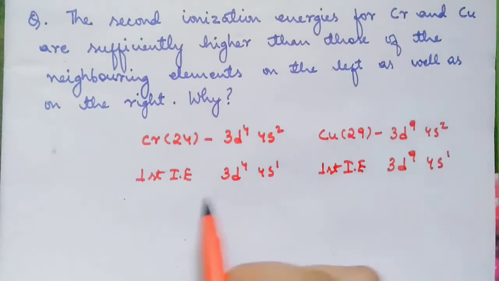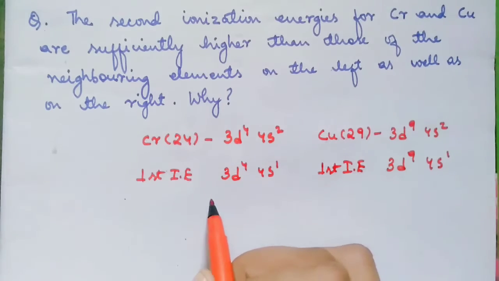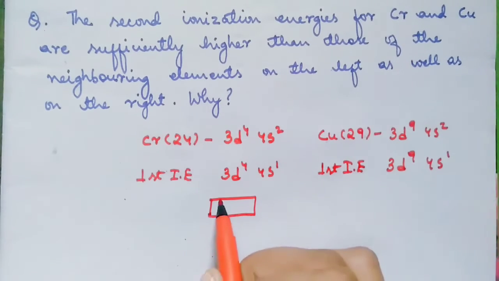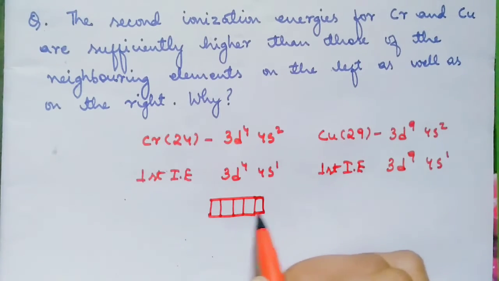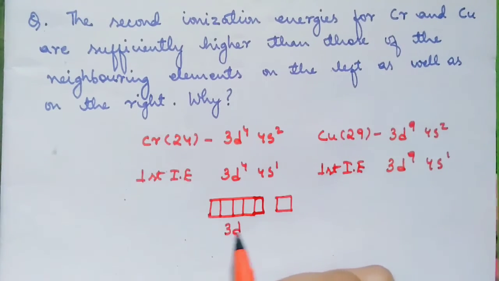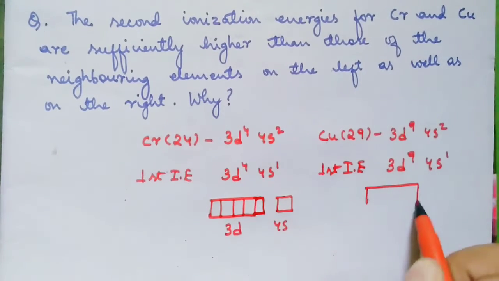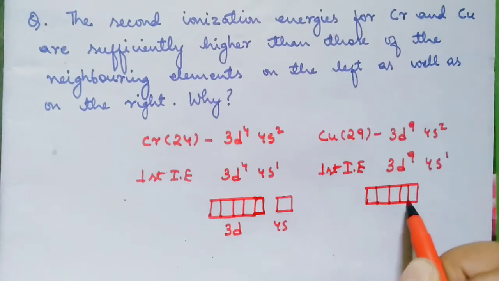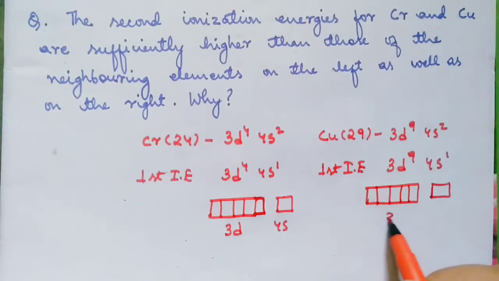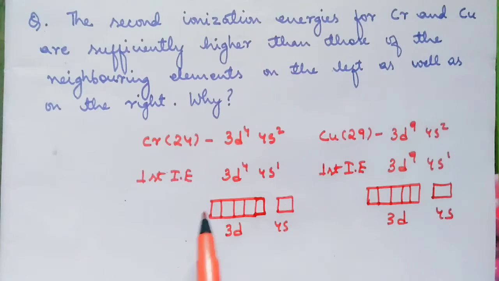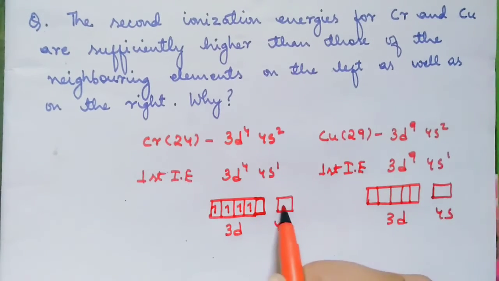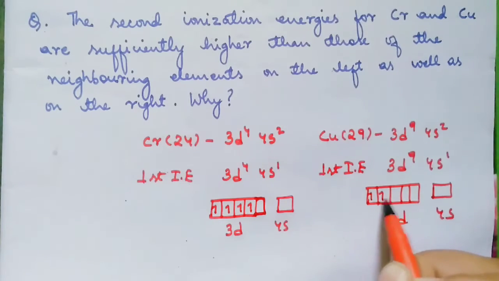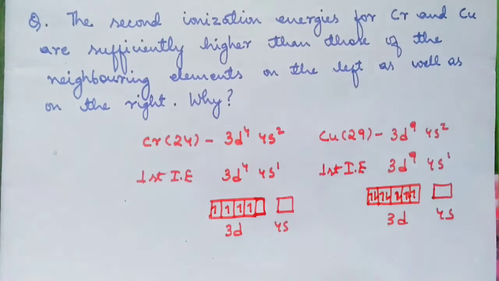Now just have a look from here. In this orbital, this is the 3d, this is the 4s. Here we have 4 electrons in 3d, and here 9.